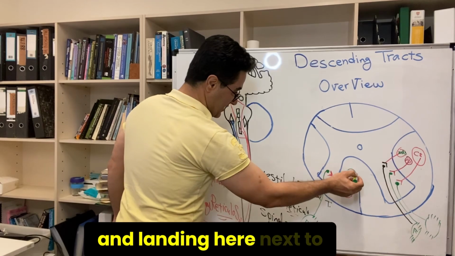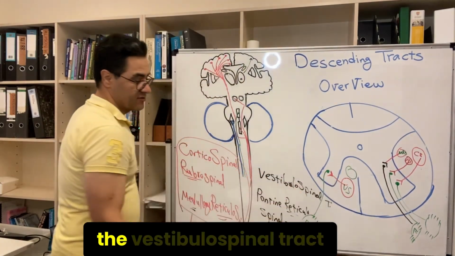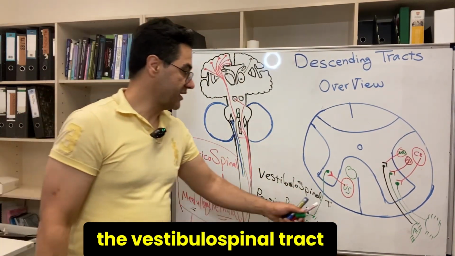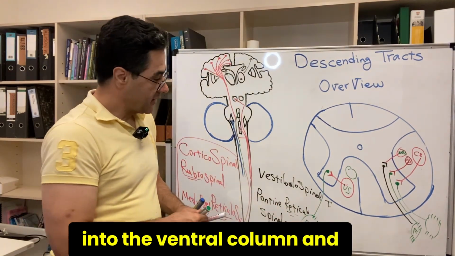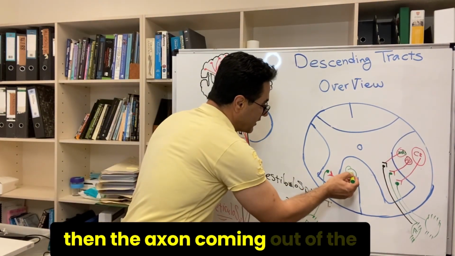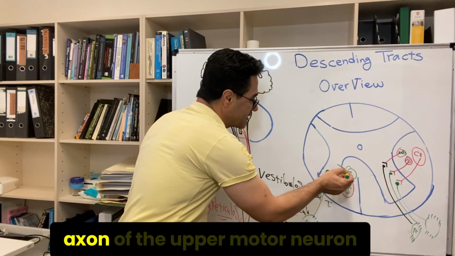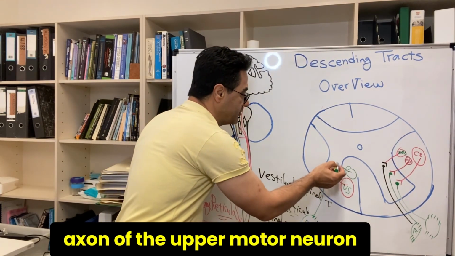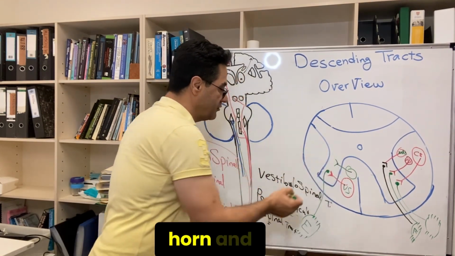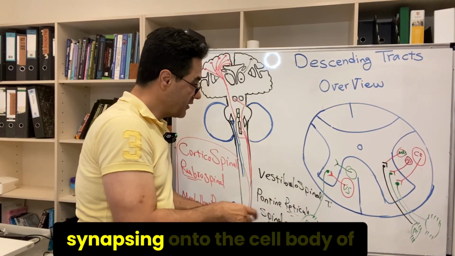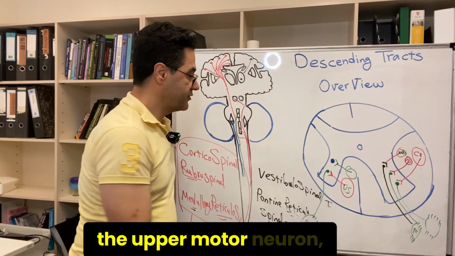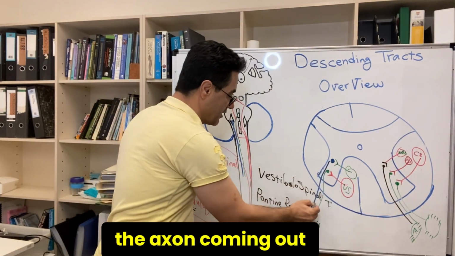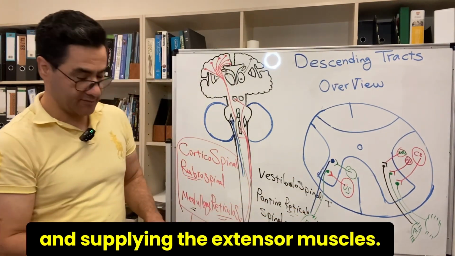and lands here next to the vestibulospinal tract in the ventral column. And then the axon of the upper motor neuron getting into the ventral horn and synapsing onto the cell body of the lower motor neuron, the axon coming out and supplying the extensor muscles.